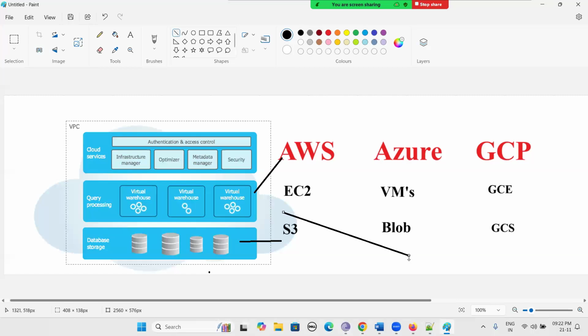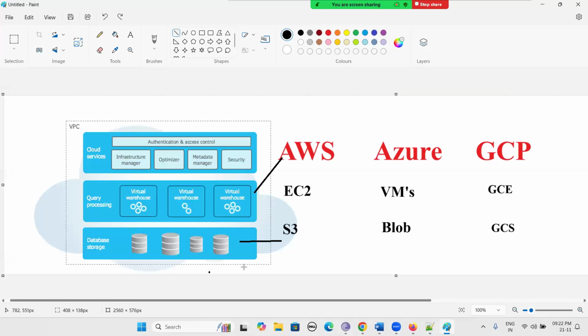If you use Azure while creating the Snowflake account, it uses the virtual machines concept for query processing, and for storage it uses blob storage. If you use GCP, it uses Google Compute Engine for query processing and Google Cloud Storage for data storage.